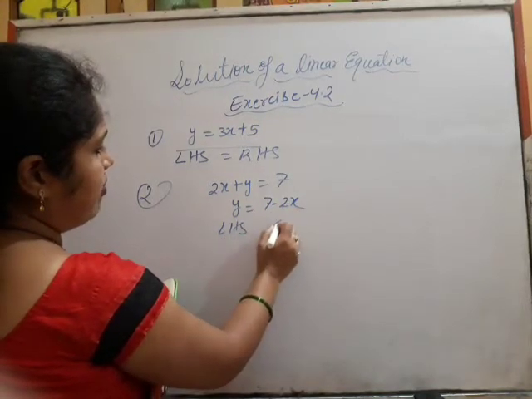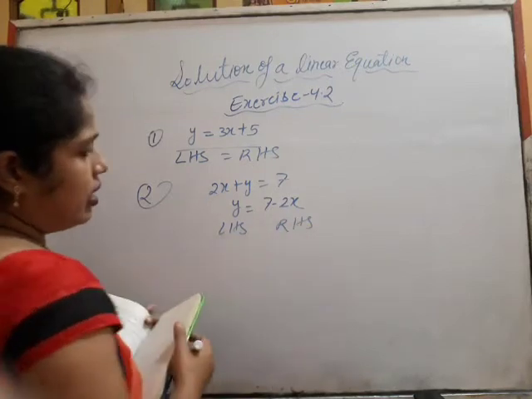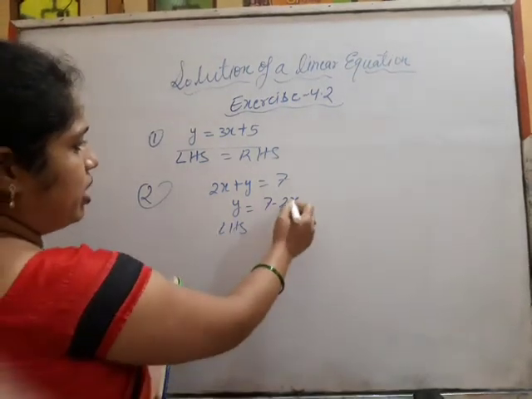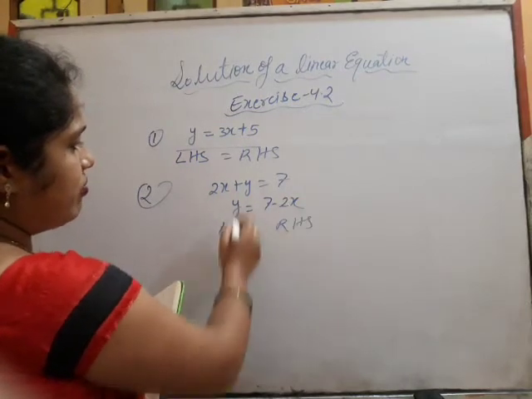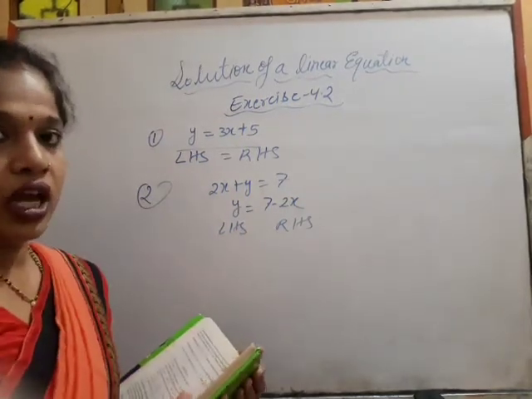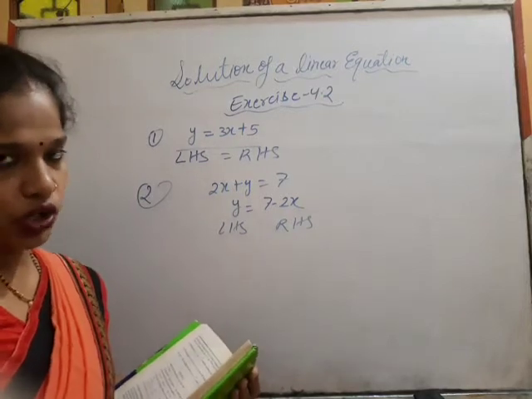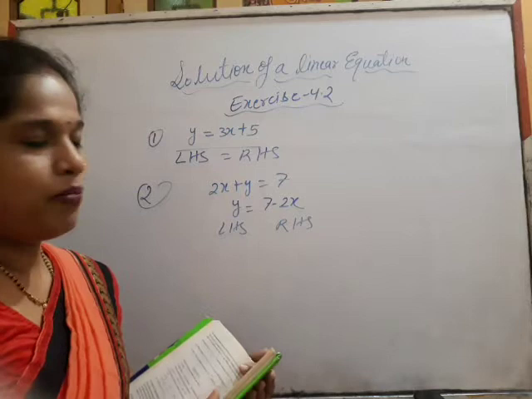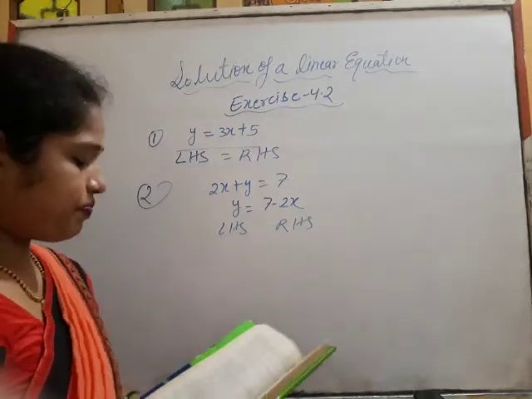Now it also has LHS and RHS. If we put different values of x here, we will get different values of y, and you need only 4 solutions. This type of question we have discussed in our previous video, so I hope you can do this.